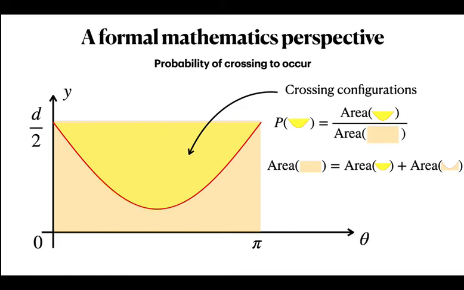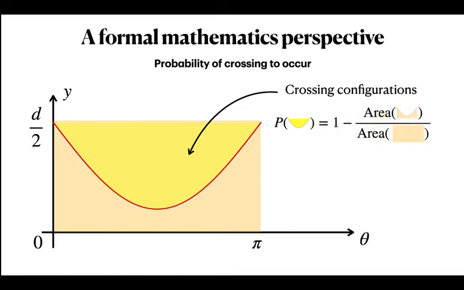So if I do that, I can actually get, when I replace in the above equation, that the probability for being in the yellow domain is 1 minus the ratio of the area of the complementary domain, the beige domain, over the total area of the beige rectangle.